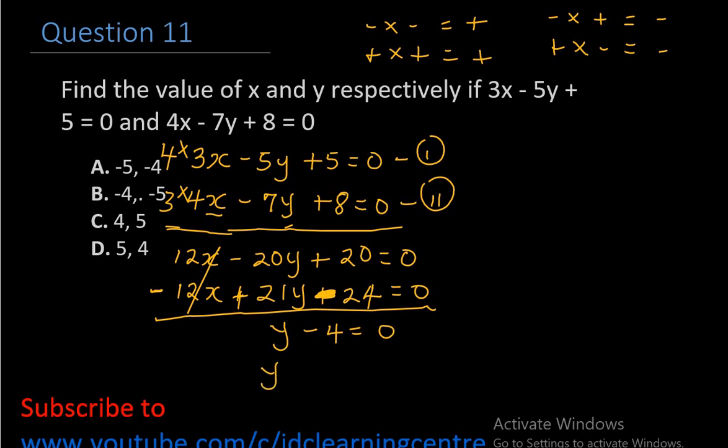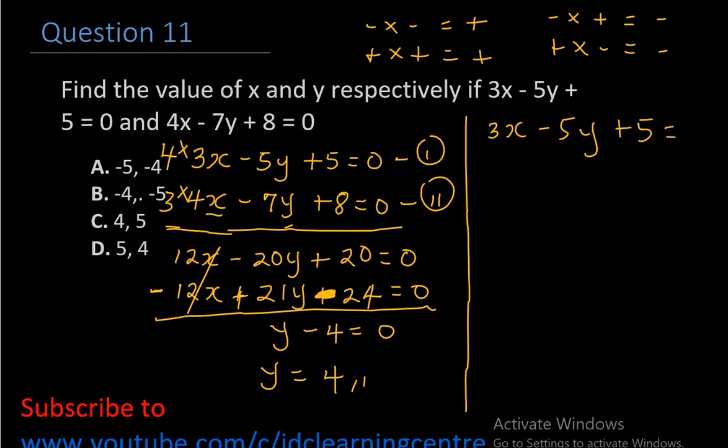So to get the value of y, move minus 4 to the right hand side, the minus will go, so y is 4. Now that I know the value of y, which is 4, I'll go to any of the equations and plug the value of y there. Let's look at equation 1 again, which is 3x minus 5y plus 5 equal to 0.